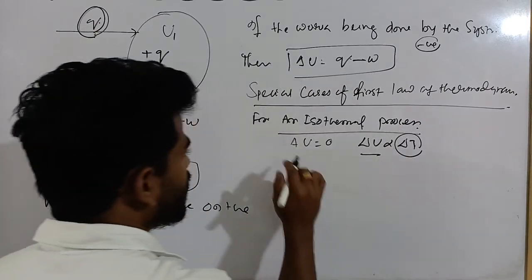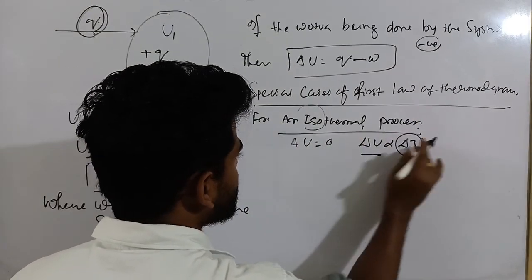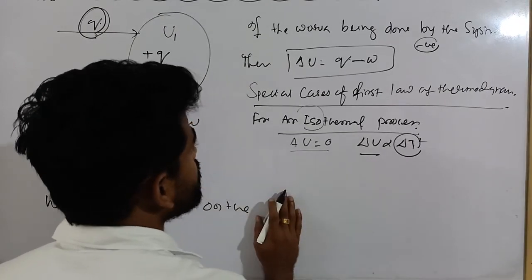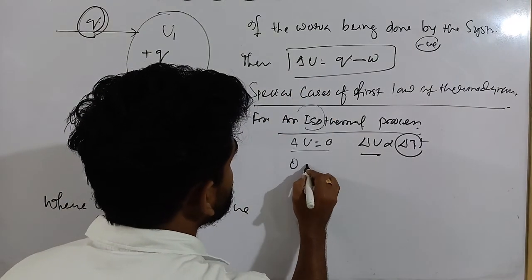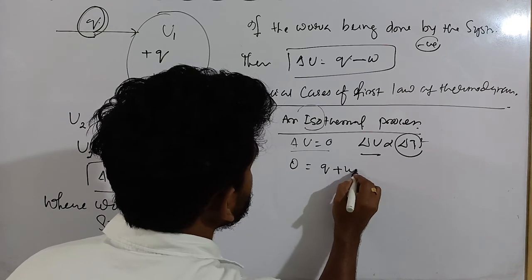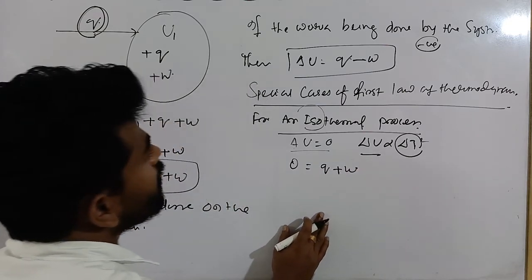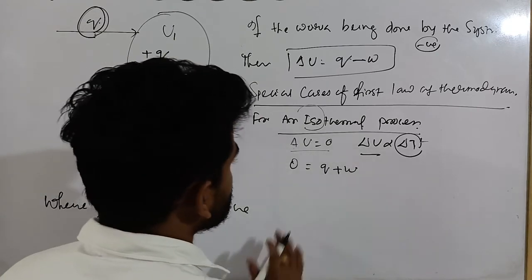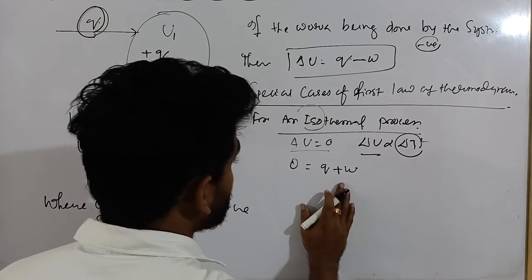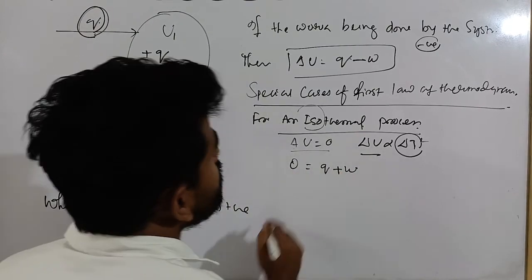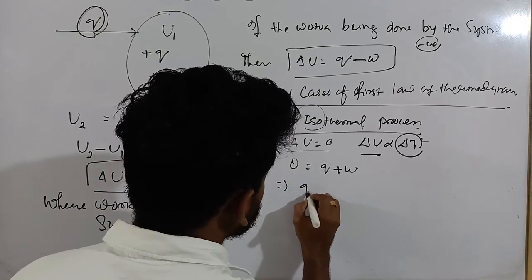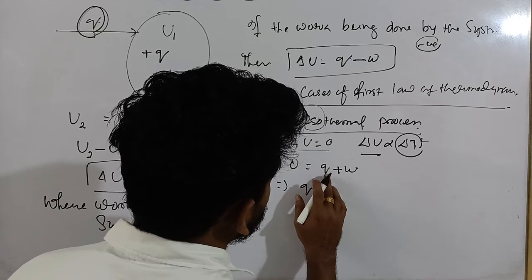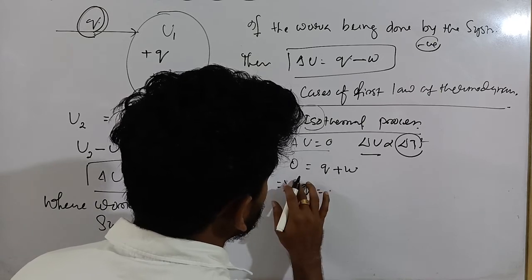That's why for an isothermal process, iso means temperature constant. So once temperature is constant, del u becomes 0. So now substitute 0 is equal to q plus w. So that implies q is equal to minus w.